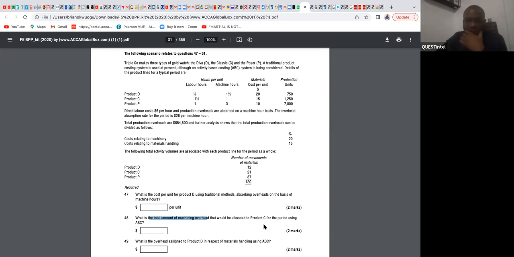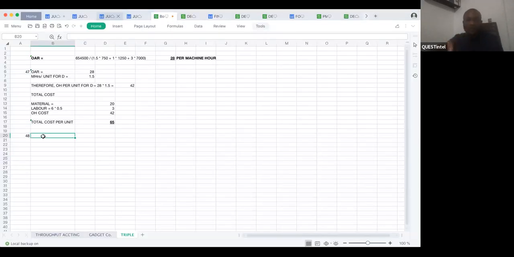The amount of machining overheads that will be allocated to product C. Okay, once we are quoting that, I have to flip back and forth anyway. So first of all, total overheads for machining is equal to 20% of, what's that figure? 654,500, right?